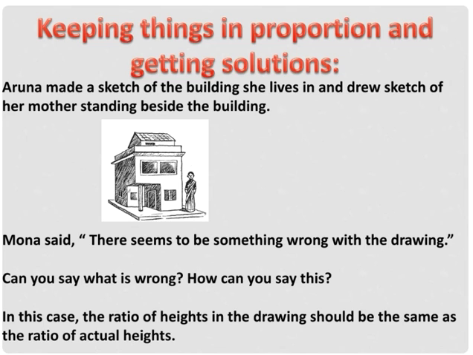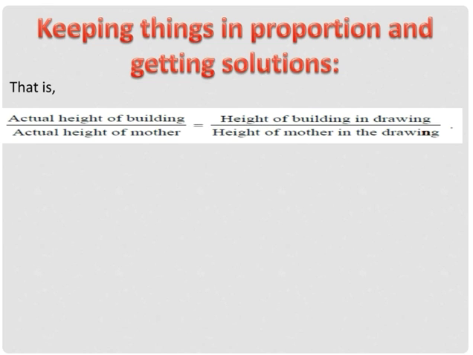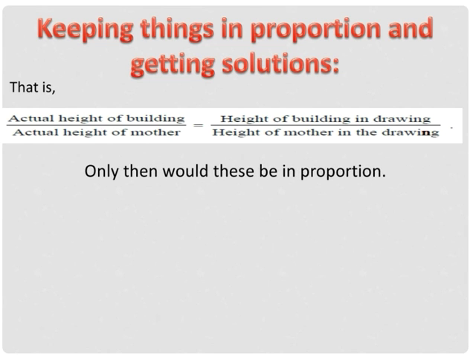In this case, the ratio of heights in the drawing should be the same as the ratio of actual heights. That is, actual height of building divided by actual height of mother is equal to height of building in drawing divided by height of mother in the drawing. Only then would this be in proportion.